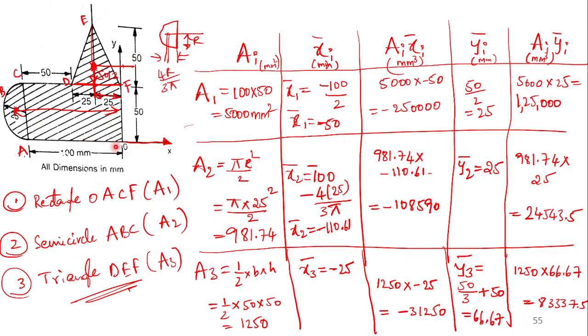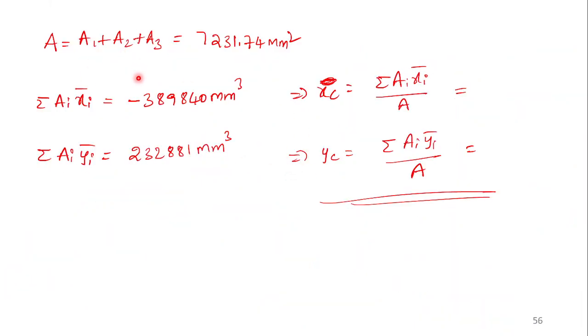And considering this as 0, 0, you are going to find out the coordinates of the centroid. Since the entire area is located towards the left side of the y-axis, you are expected to get the x bar value as negative. So once you have this, the total area is known. Total area, summation of A into xi bar. That value divided by the total area, and this value divided by the total area, gives you the xc and yc values.